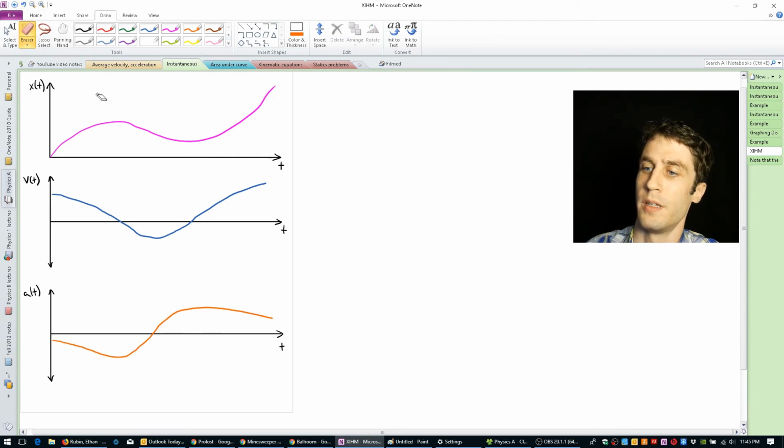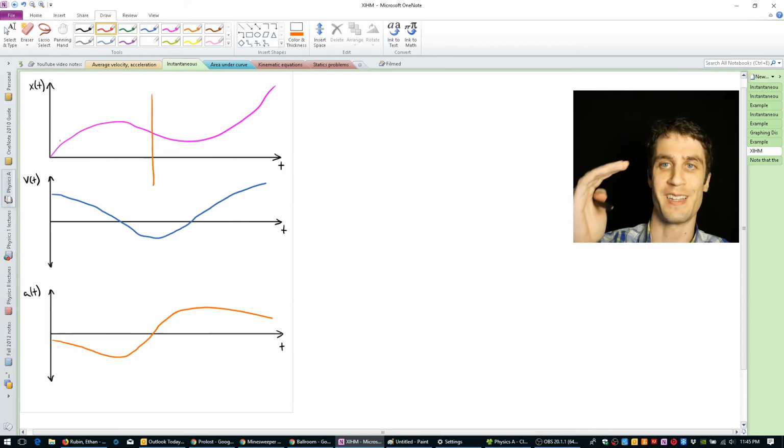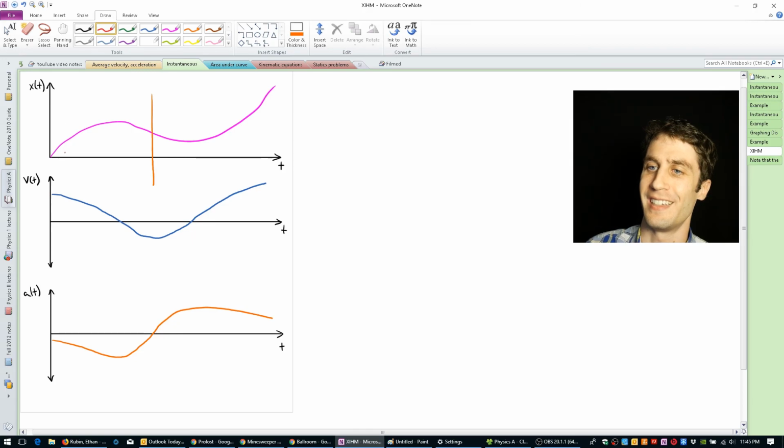And here's our region where the acceleration is positive. And so if you look all the way back up at our displacement versus time graph, see that the displacement is kind of arching like this in this first region.